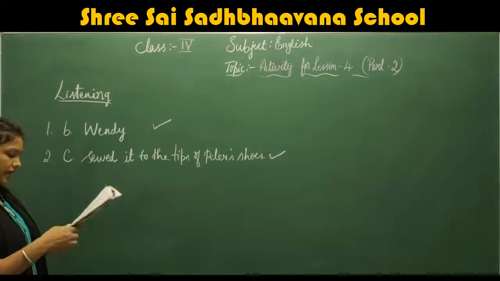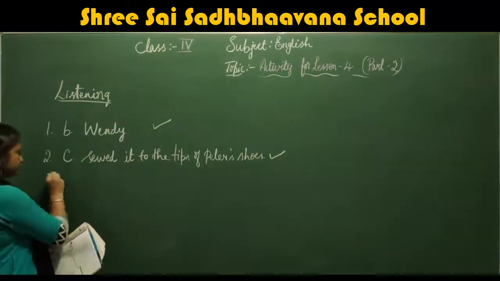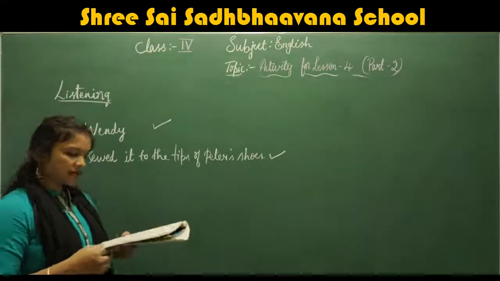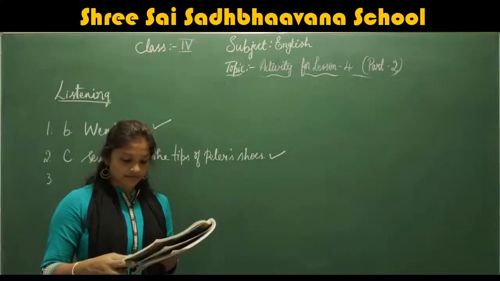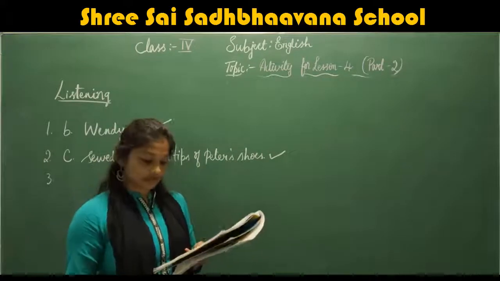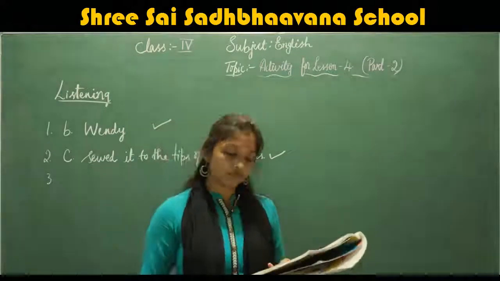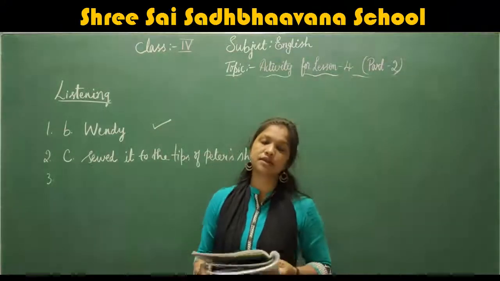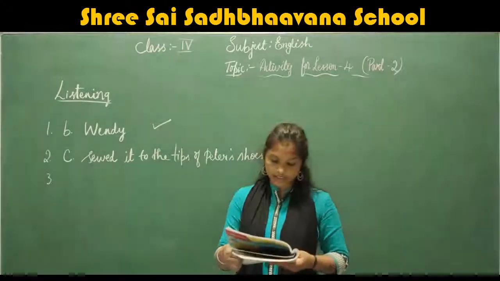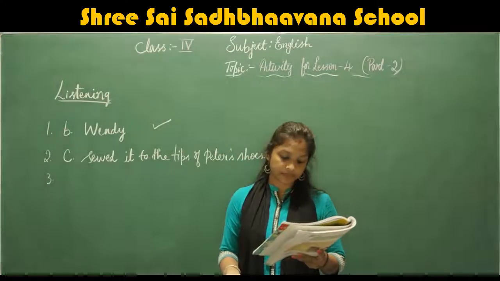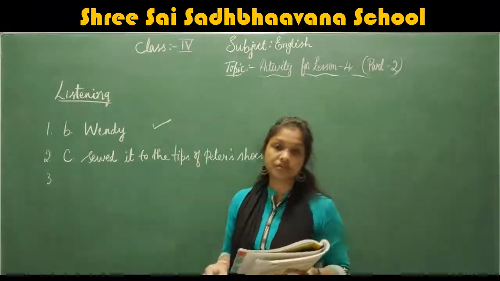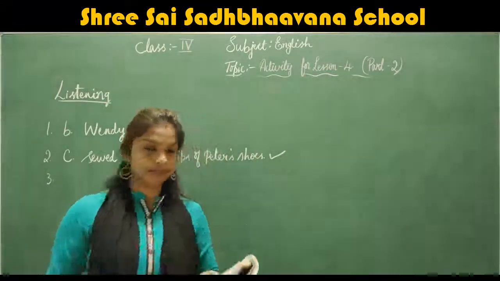Okay, third one. What did Peter ask Wendy? To have dinner with him, to fly back to Neverland with him, to make food for him, or to do his homework? What did Peter ask Wendy? To fly back to Neverland with him.